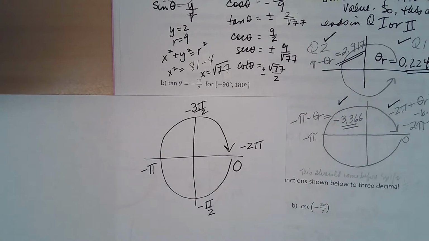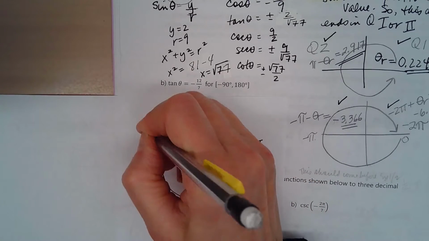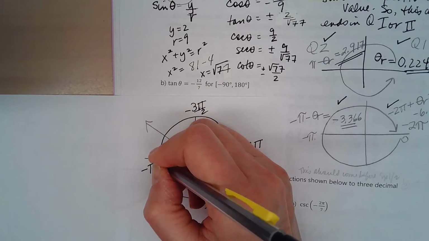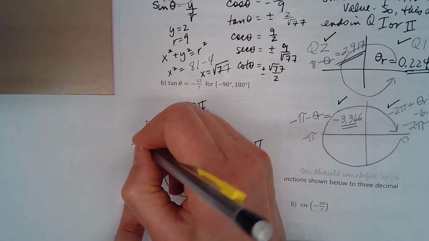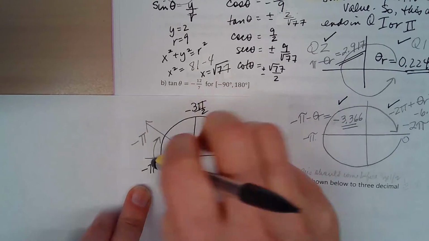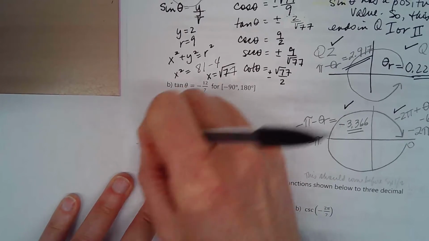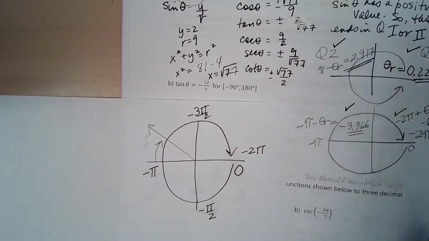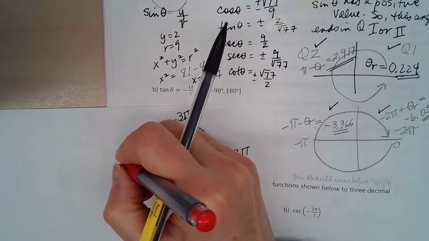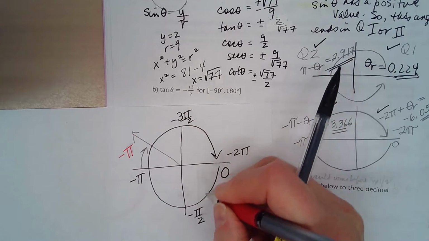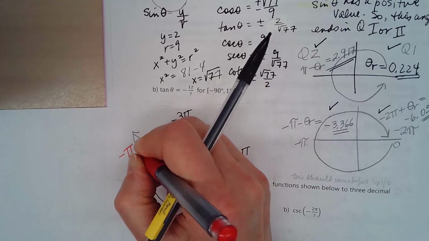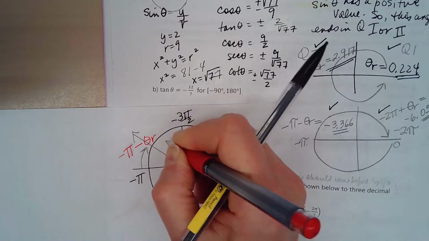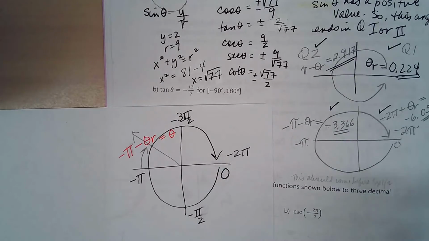So if I'm using a reference angle from this quadrant to this quadrant, it's going to be negative pi. I'll do it in red. Okay. So negative pi, and I'm going in the negative direction, right, John? So negative pi minus my reference angle equals whatever angle I'm looking for.